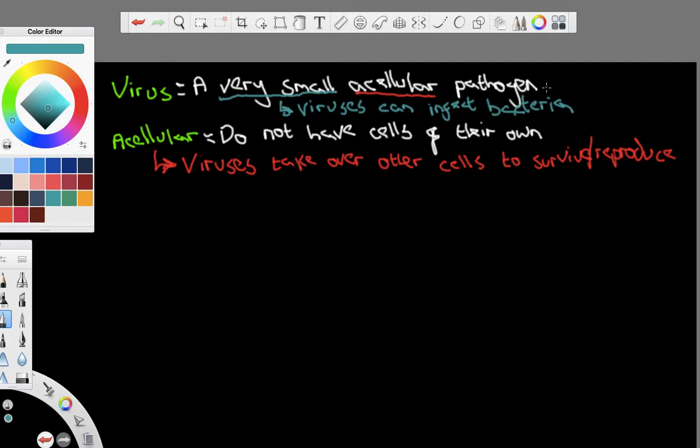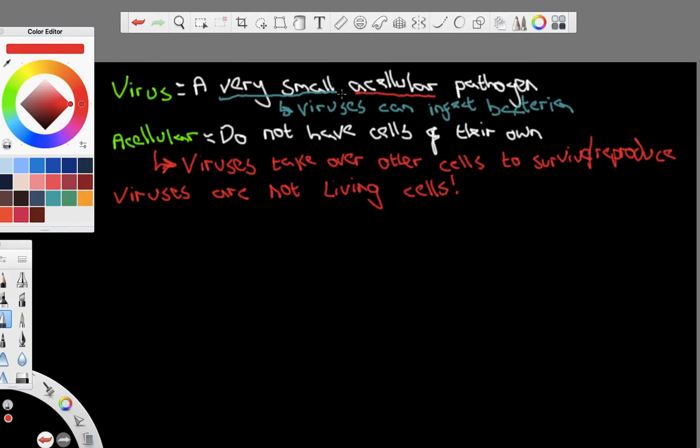So before we move on, I want you to understand, and I'm going to put in red, that viruses are not living cells. So that's a very important point. I'm going to give that an exclamation mark. It's in red because it's important.